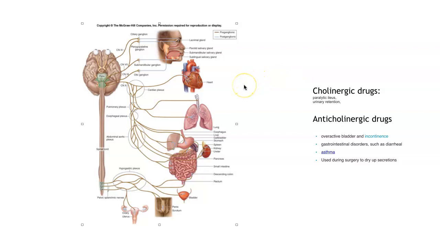But what part of the autonomic nervous system triggers the intestines to move? Parasympathetic, rest and digest. So if you need to treat somebody whose bowels aren't moving correctly, give them a cholinergic drug. It's going to mimic the action of acetylcholine on these target organs.